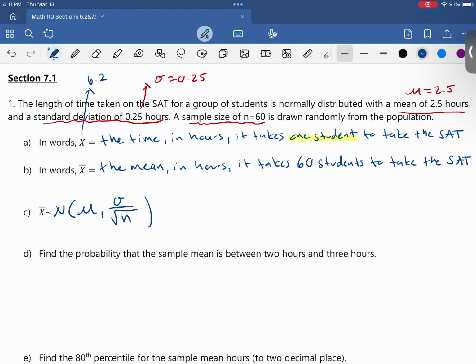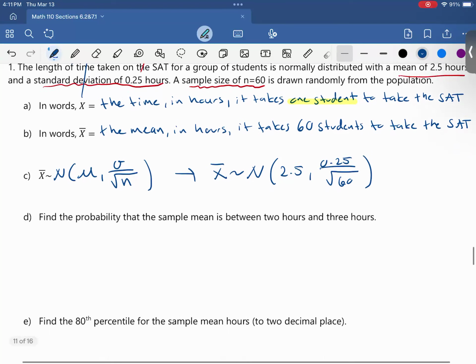In the context of this problem, our mean is going to stay the same, 2.5. Our standard deviation is 0.25, and it's over the square root of our sample size, which is 60. So that's the annotation for our distribution.